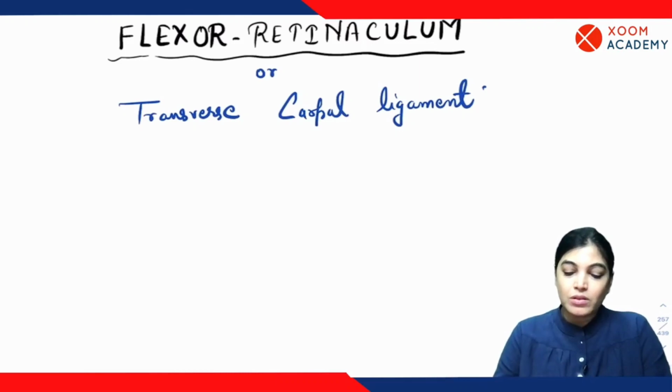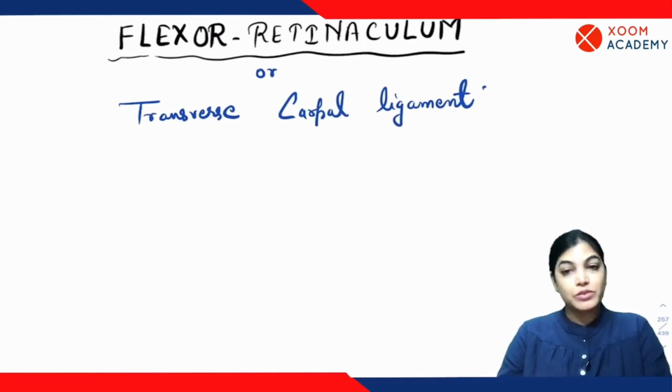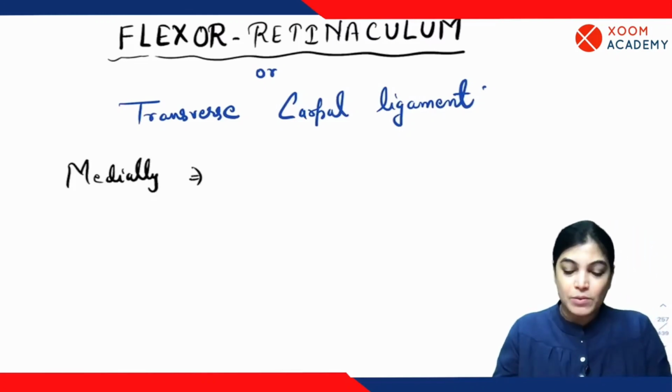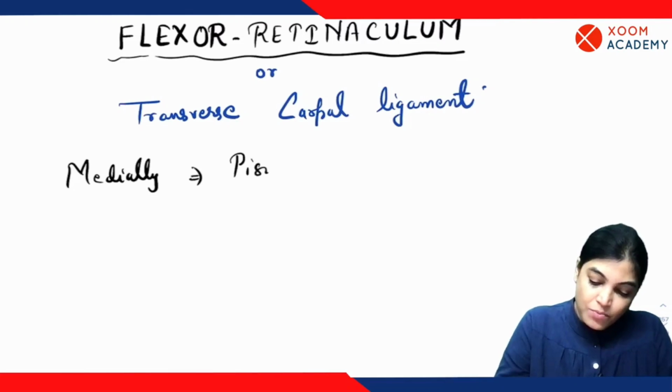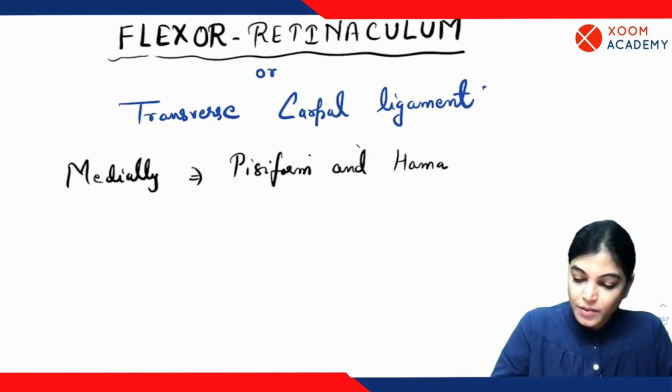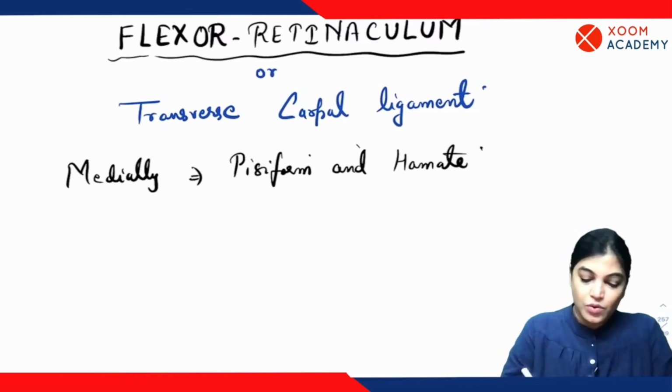Okay. So this is a modification of deep fascia, also called transverse carpal ligament, and it is important for us to know the attachment of flexor retinaculum medially and laterally. Medially, flexor retinaculum is attached to the pisiform bone of the proximal row, and the hook of hamate bone on the distal row.